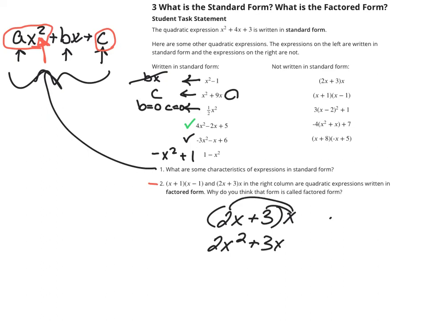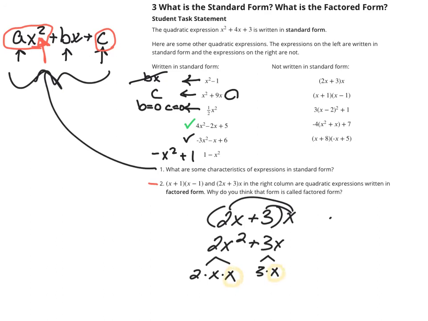I just distributed that x through. Now, if I asked you guys to factor this, you're going to take out the greatest common factor from each term. The greatest common factor from each term. So I can factor this into 2 times x, and I can factor this into 3 times x. What's the biggest thing in common for both terms?